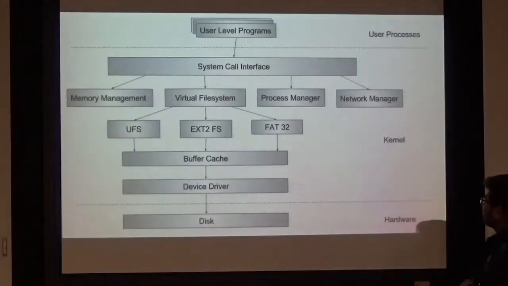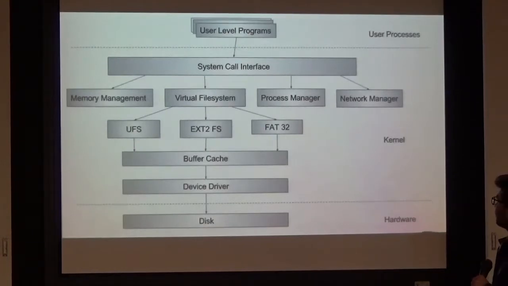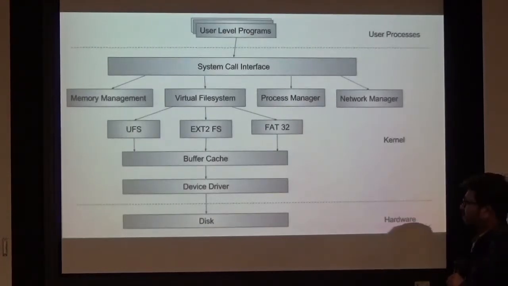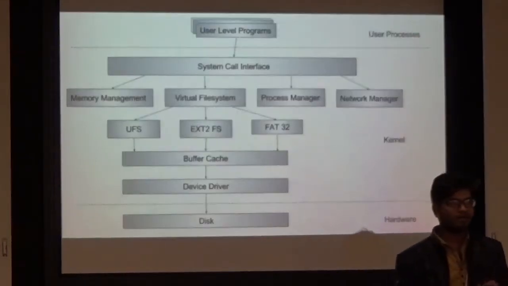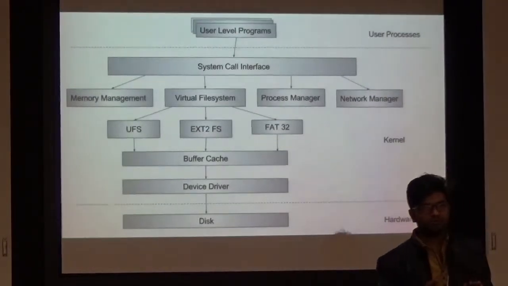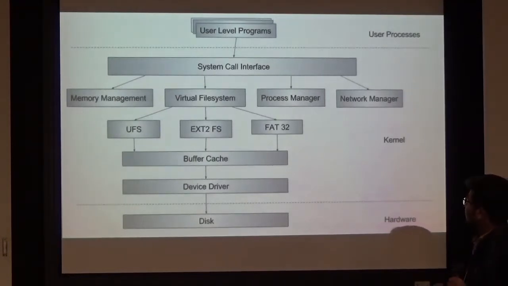So let's talk about the VFS layer of NetBSD. The virtual file system of NetBSD is basically composed of two things: the virtual file system interface, the VFS interface, and the vnode interface. These are the two main parts of the VFS layer of NetBSD. And where does the VFS layer reside in the kernel? Here we have user level processes.